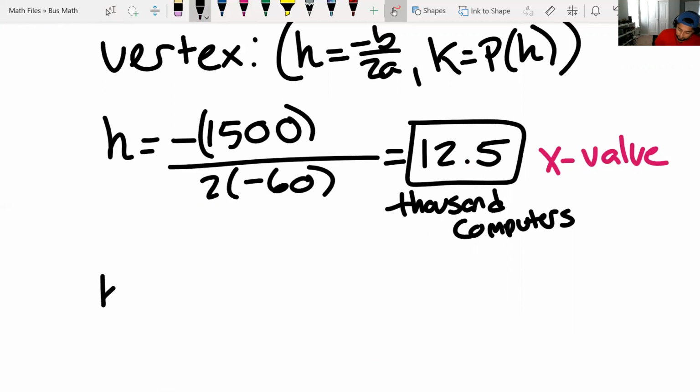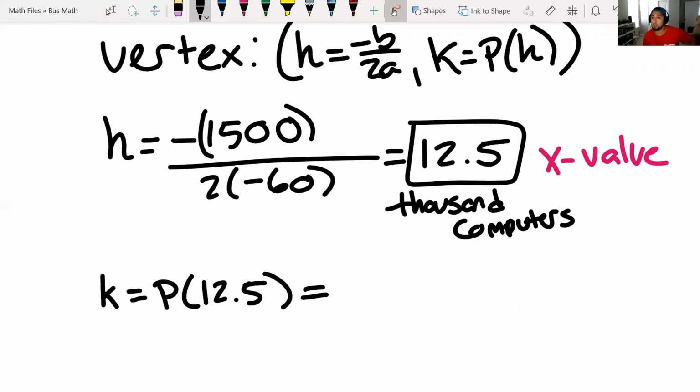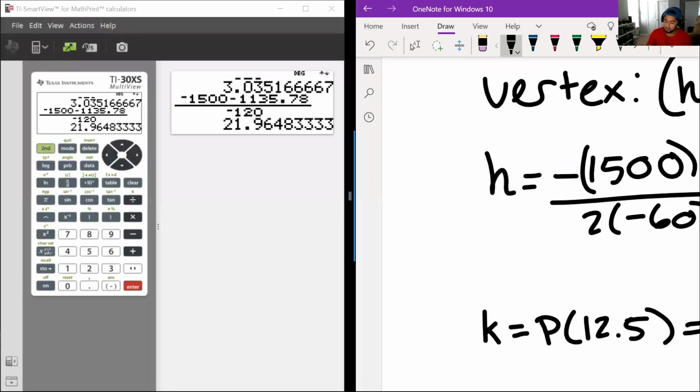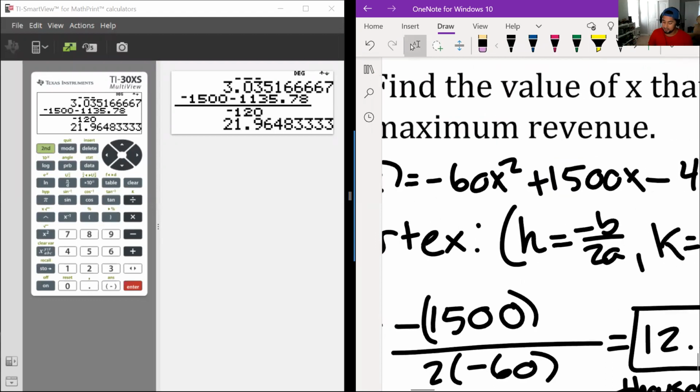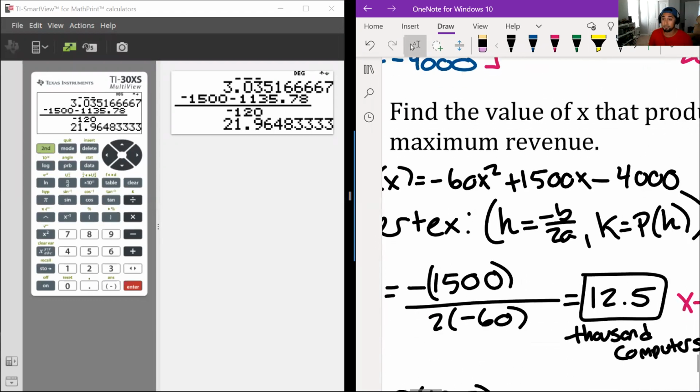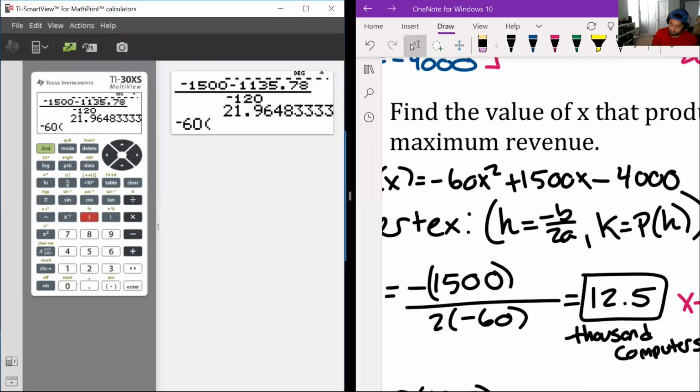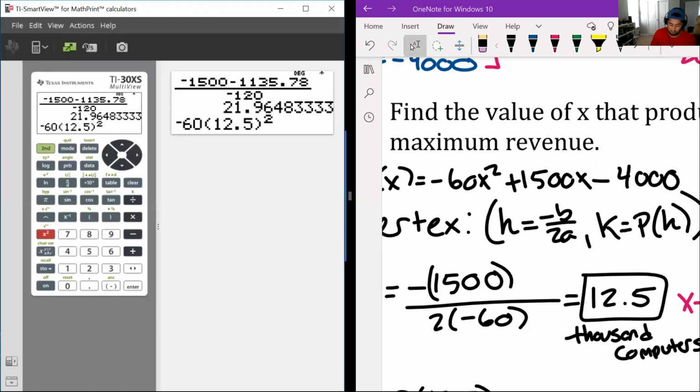So k is p of 12.5. And I won't write it all out. I'll go straight to the calculator because the calculator is my best friend today. So I'm going to just type it into this function right here. So watch this. Negative 60 times 12.5 squared plus 1500 times 12.5.